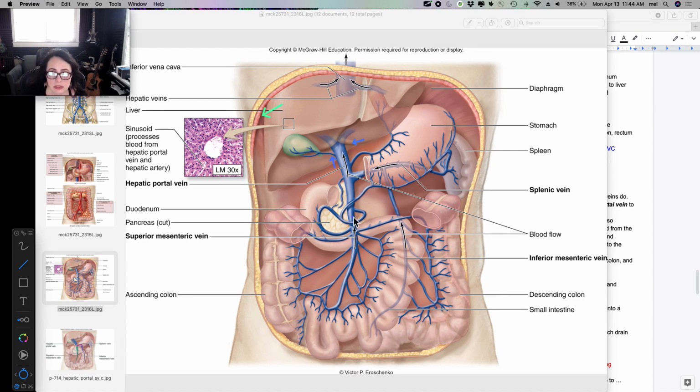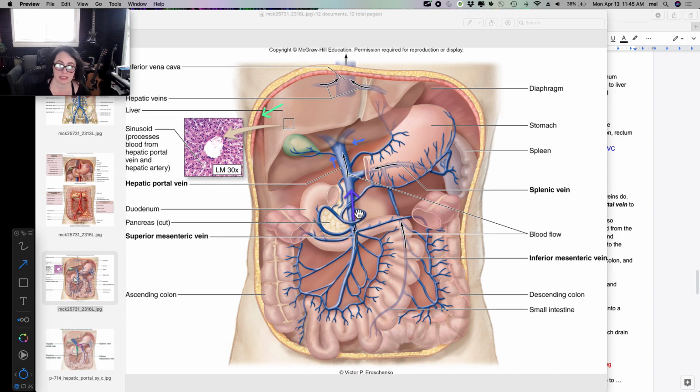Let's do this one first. This vessel that we're seeing in purple is gathering venous blood, and you don't have to memorize it if you think about it. It's gathering venous blood from the proximal portions of the large intestine and, although it's not shown, almost the entire small intestine. This one is called the superior mesenteric vein. That's the back leg of the chair.